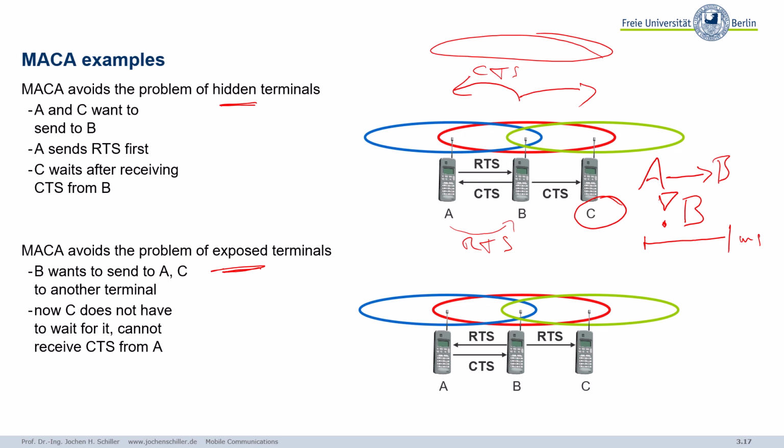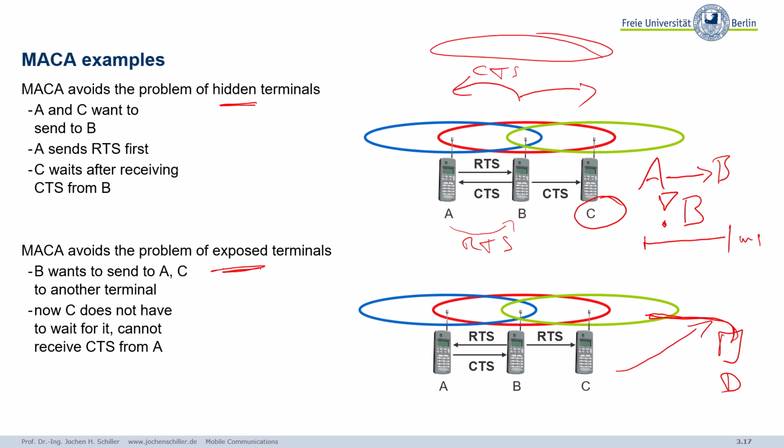But MACA also helps avoiding the problem of exposed terminals. Exposed terminal, that was the situation where C wants to send something to a D. Okay, to be honest, D has to be inside the transmission range, so long antenna here.